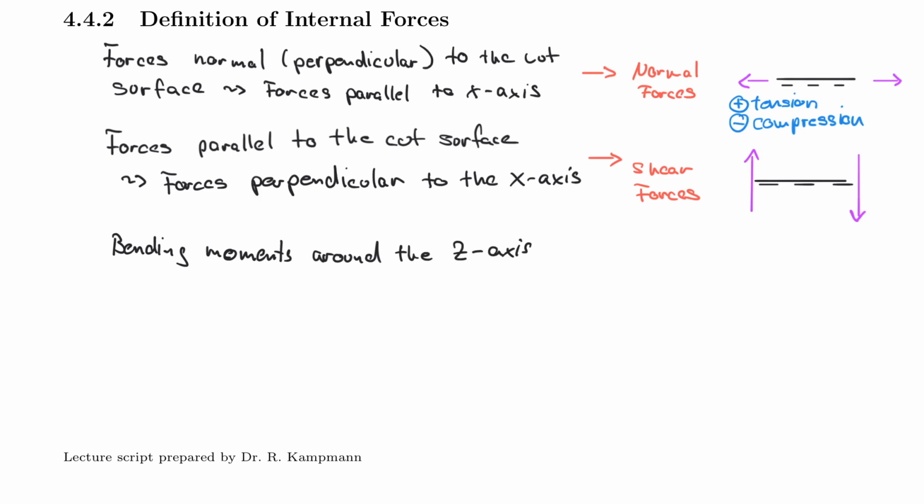And this is something that in a 2D description, of course, makes sense in the context of the right-hand rule. You understand that everything that rotates within an XY plane rotates about the z-axis. And so we call these bending moments. So let's write that down. These are bending moments.